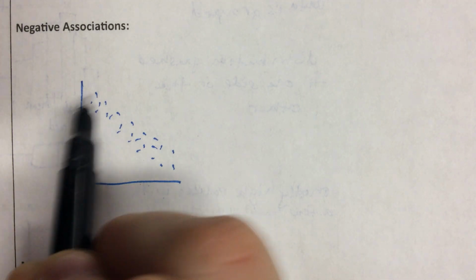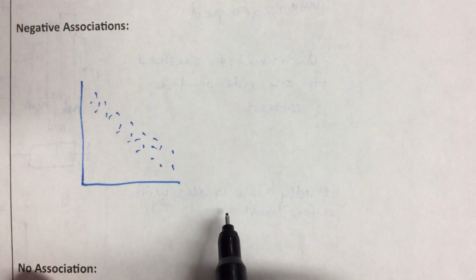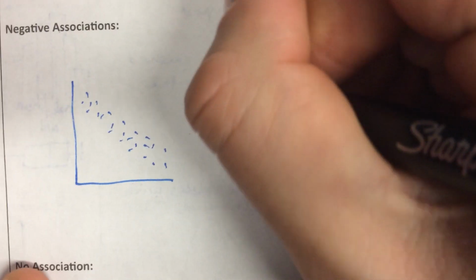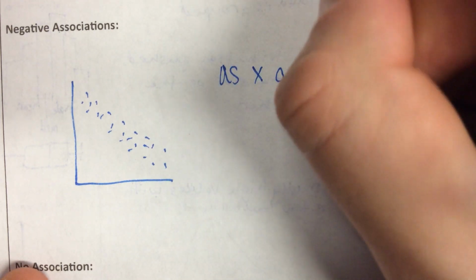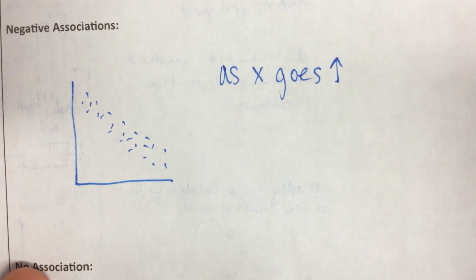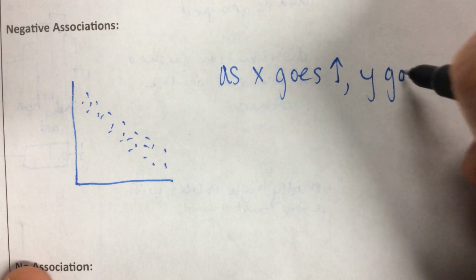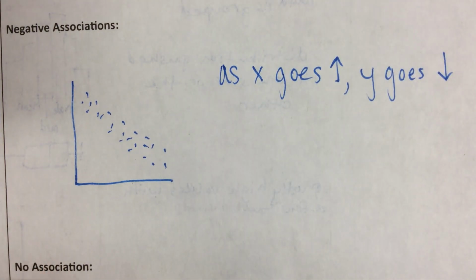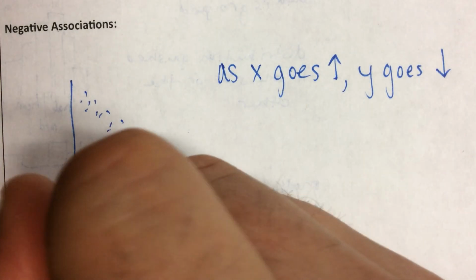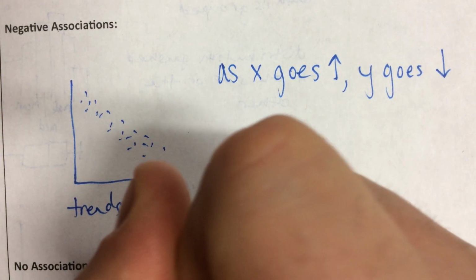It starts high on the Y and goes down. So as X goes up, Y goes down. They're kind of opposites of each other. It trends downward.